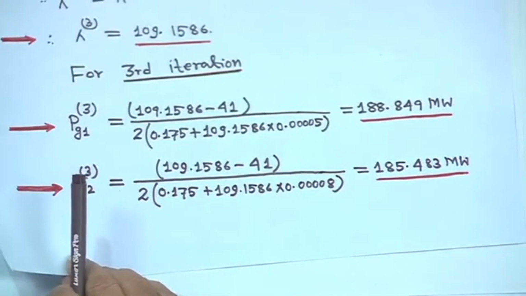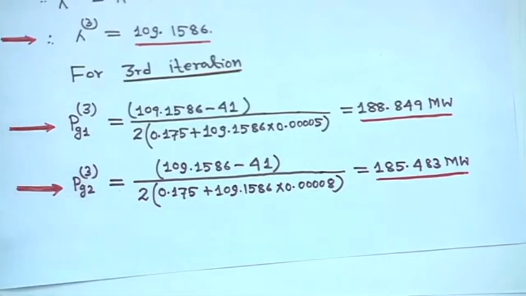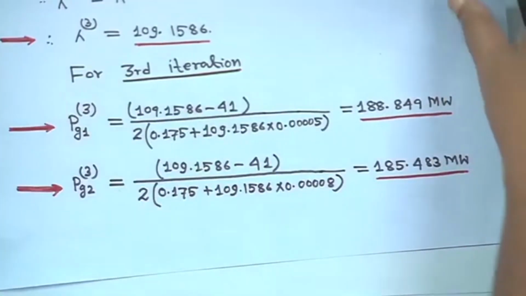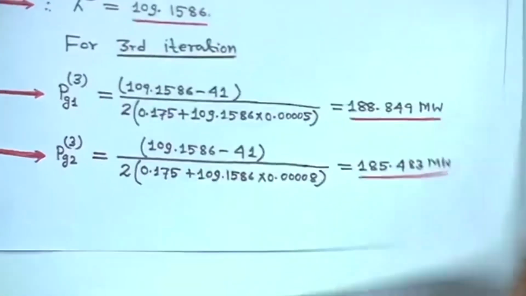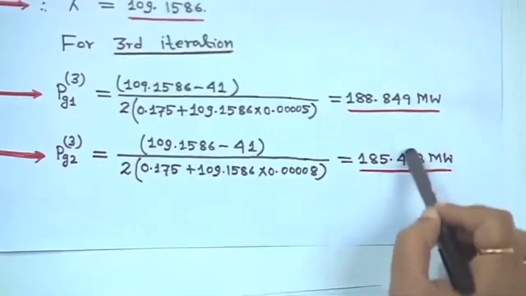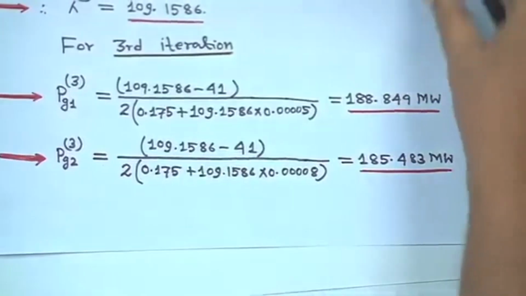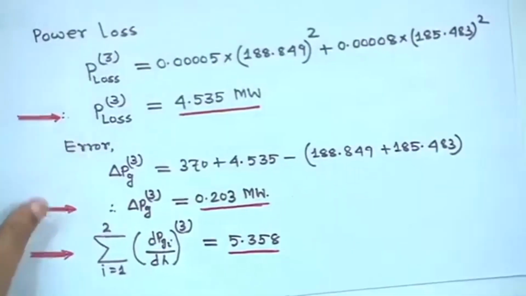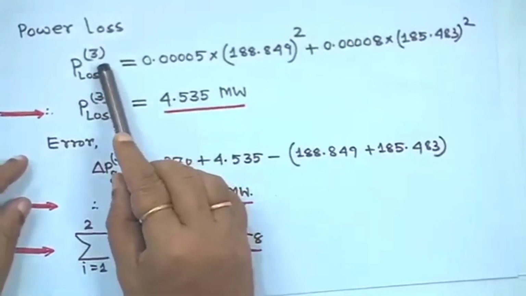So that is Pg1 and Pg2 after the third iteration. Now, using these two generation values, compute the power loss at the third iteration.